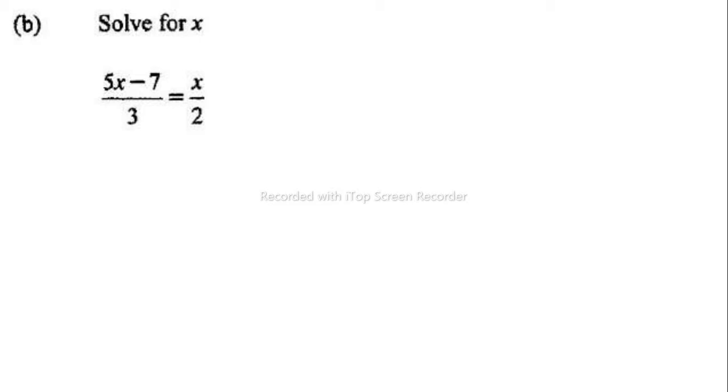Very good observation. Once you see something like this, it should scream out to you: cross multiply. So 3 times x is 3x equals 2 multiplied by 5x minus 7.